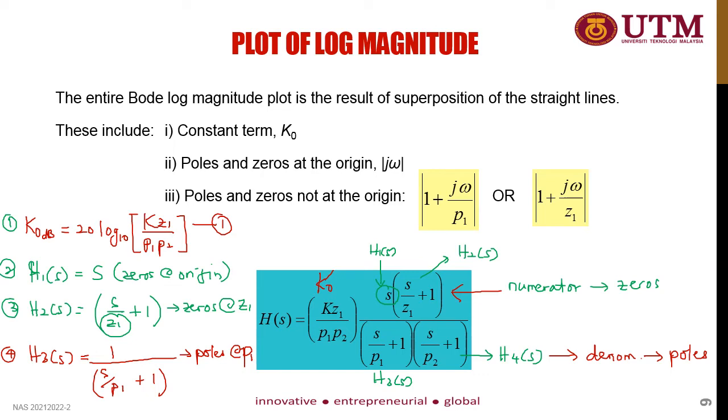Lastly you have the final component, h4s or fifth, still at the bottom, so 1 over s divided by p2 plus 1. In this case you have poles at p2. I'll show you in detail in the next slide.